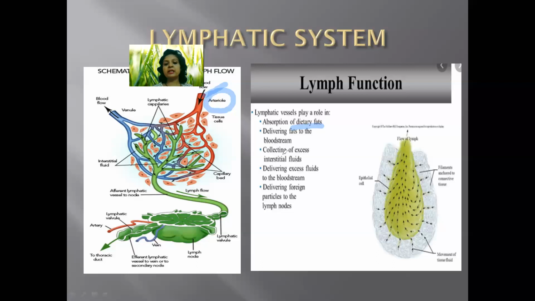It helps in collecting the excess fluid from the cell. It helps in delivering the excess fluid to the bloodstream or from the bloodstream, and it also helps in delivering the foreign particles to the lymph node.